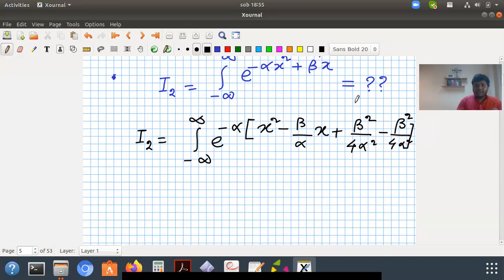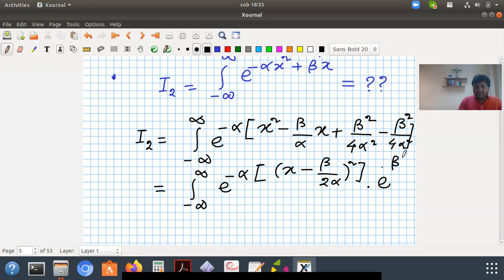So I can write this in terms of a square: x minus beta over 2 alpha, whole square, into e to the power plus beta square over 4 alpha, dx.